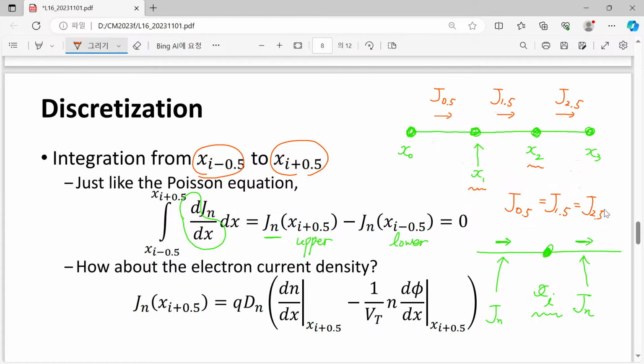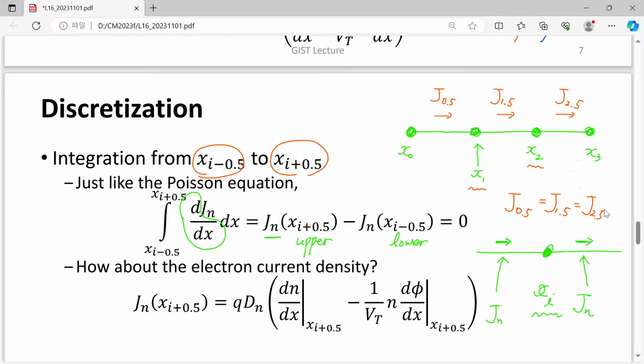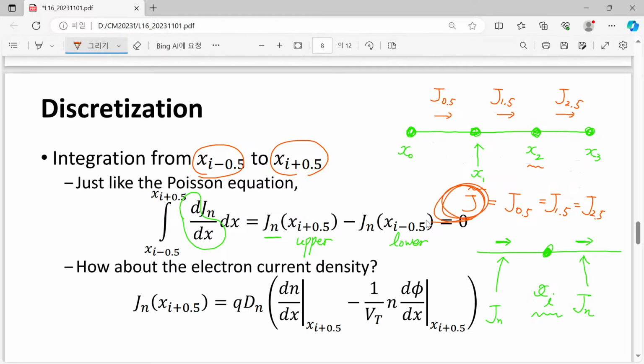The next question is, okay, we understand j is constant over the system, but what is j itself? Even when they are all 0, this equation holds, and when they all become 1, it's okay. 10, 100. So by applying only this kind of thing, we cannot get the actual value.